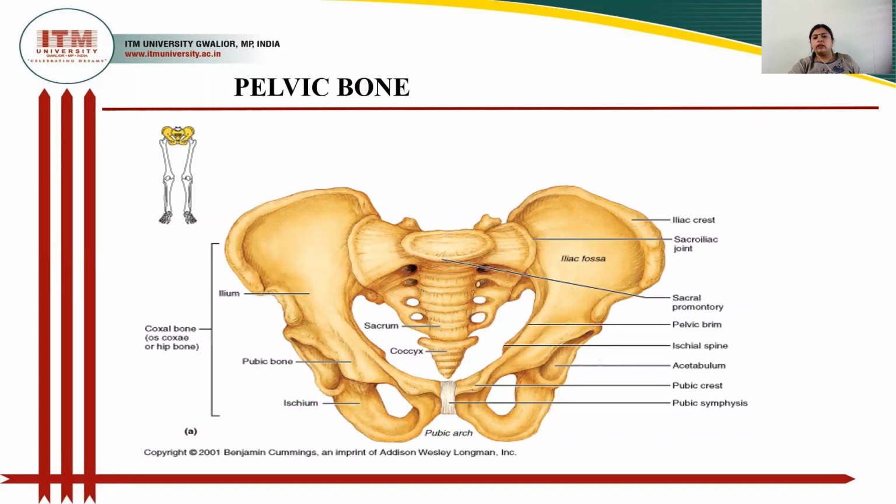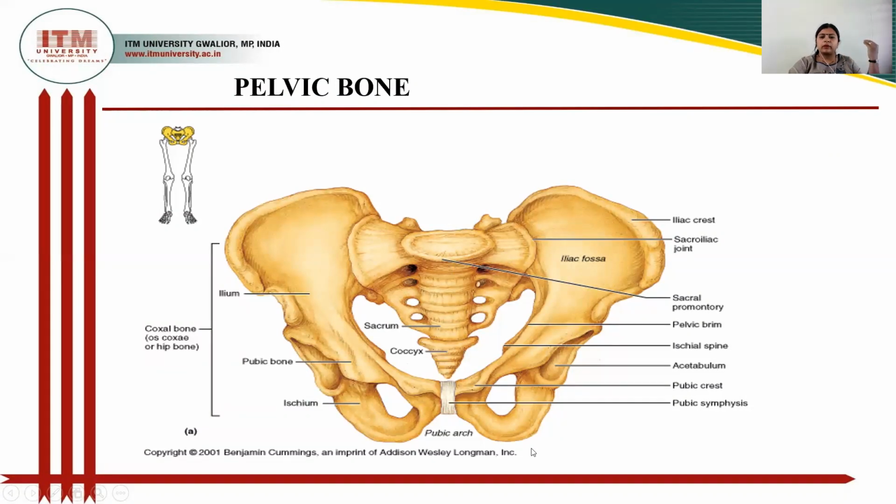So this is how the bone looks from the front side. You can see here the iliac crest, and the sacroiliac joint, because the ilium is joined to the sacrum here. The sacral promontory is somewhat bulged like this.